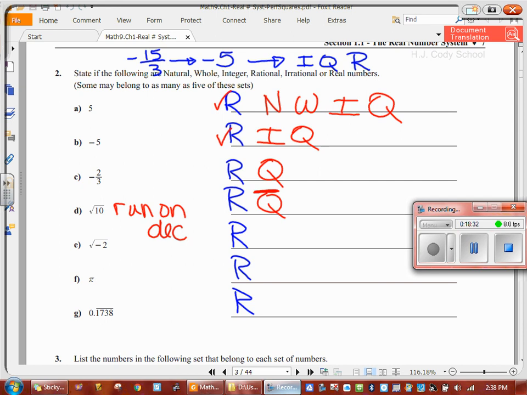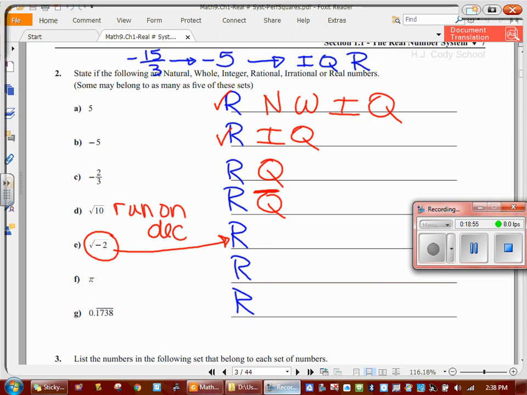Now, square root of negative 2. If you figured this one out, your calculator would have said error, or syntax error, or math error. The reason it's saying an error is because you can never have a negative sign under a square root. Never, ever, ever. So that means it doesn't belong to any of the systems.